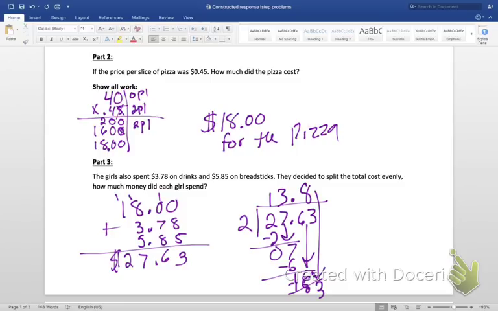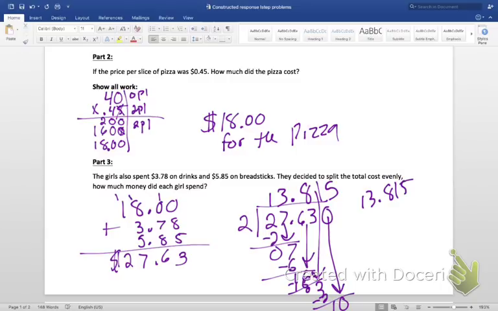Well, 2 goes into 3 one time. 1 times 2 is 2, but we have something left over. We've got a 1. What do we do? Well, in this particular case, we're going to have to bring down a 0. So let's add a 0, bring it down, and we get 10. 2 goes into 10 how many times? 5. So 5 times 2 is 10. We subtract, we're done.